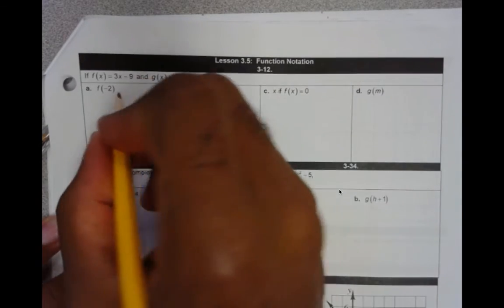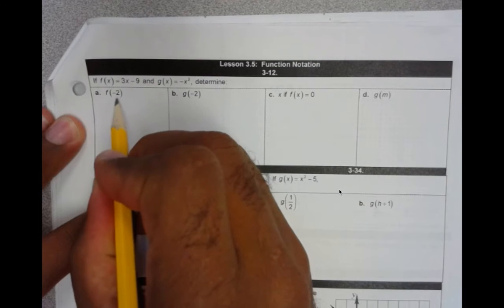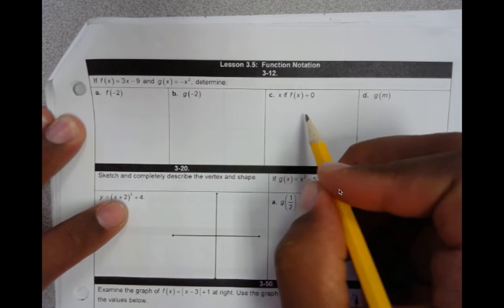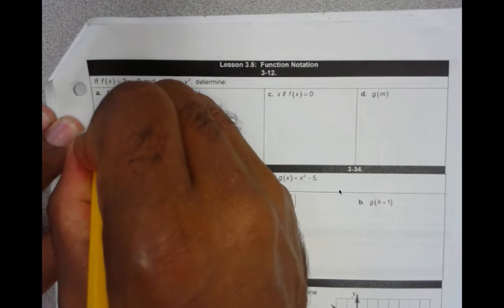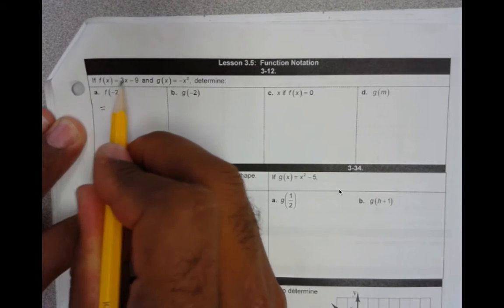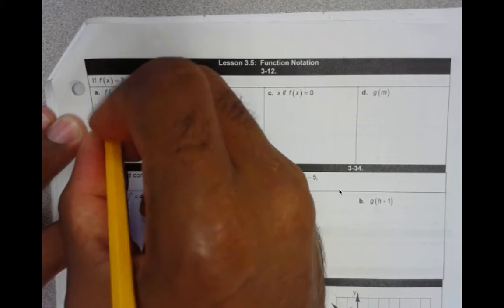Now this first one, I'm going to just be solving this by plugging in the input, or in this case, the output, and looking for the opposite value. So here, if I'm looking for the input, I'm basically just taking this function. And again, pay attention to the letter. If it says F, then use the function F. If it says G, use the function G. Okay, and I'm going to plug in -2.